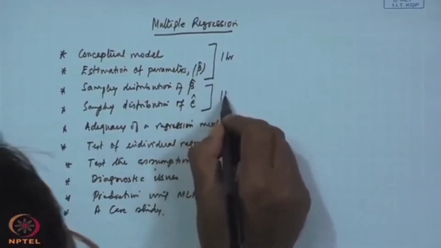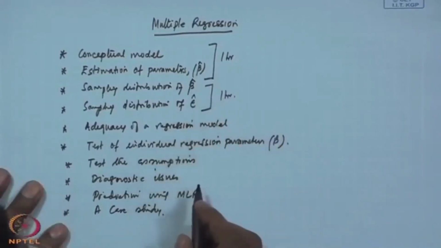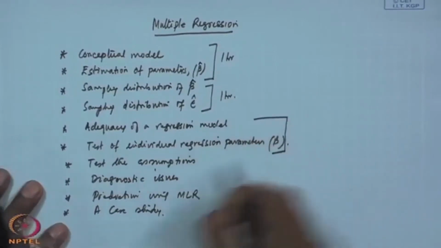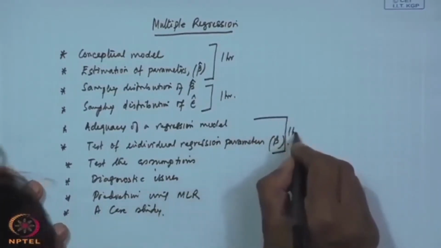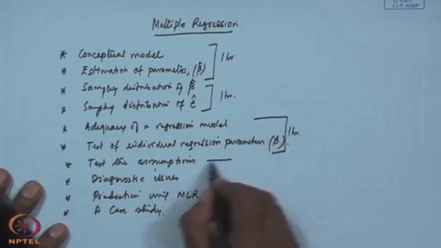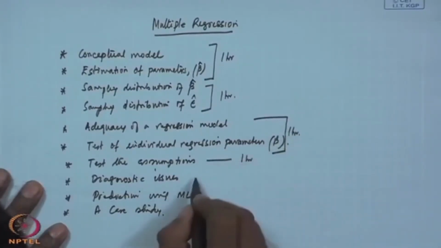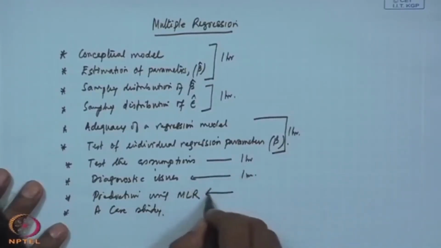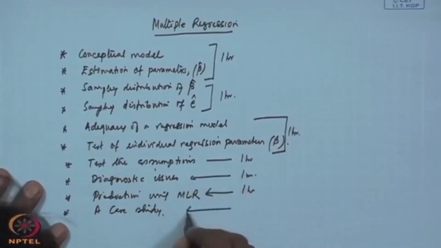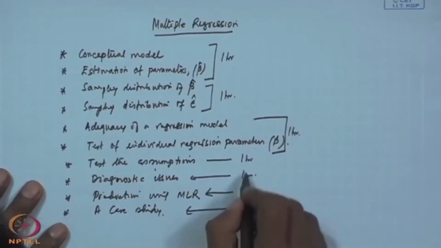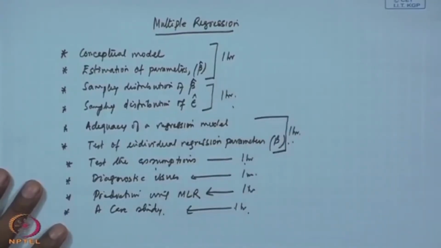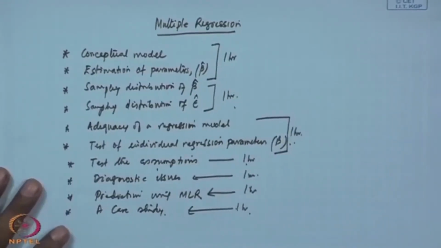I think 1 more hour is required there. Adequacy of regression and test of individual parameter may be 1 more hour. Test of assumption 1 hour. Then diagnostic issues 1 hour, prediction 1 hour and case study 1 hour. So 1, 2, 3, 4, 5, 6, almost 6 hours we will be discussing on multiple regression.